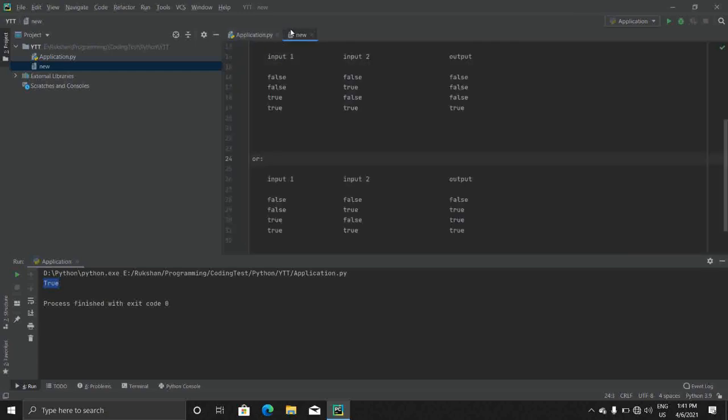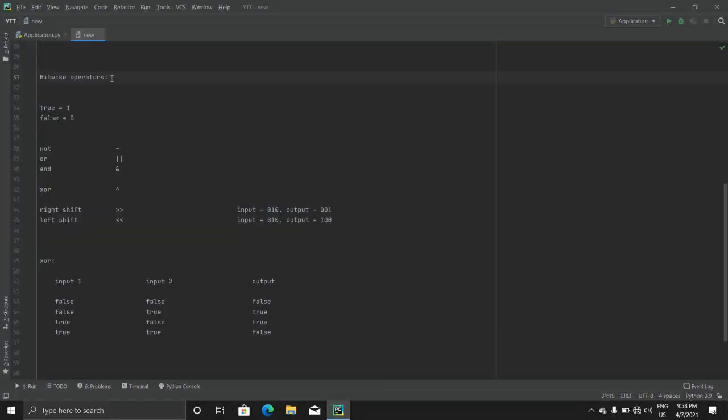You can use two or more values with the and and or Boolean operators. You can't use two or more values with the not Boolean operator. You can use only one value with the not Boolean operator.